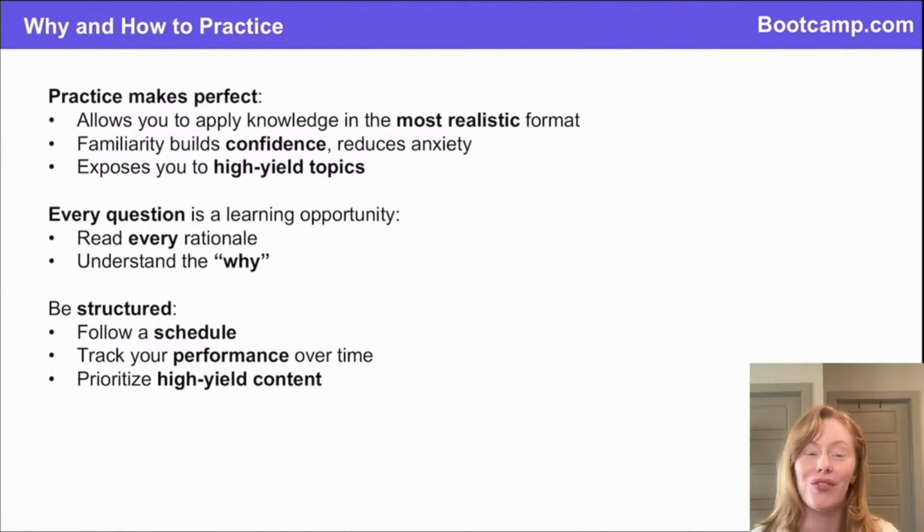It's okay if you're performing a little bit lower than everybody else, as long as you're able to see that you're consistently improving as you go. And that's the normal progression through our question bank. And then, of course, you want to prioritize high yield content, so not spending too much time on stuff that's really overly specific and is only going to help you answer a couple questions. You want to spend your time reviewing stuff that you're going to be tested on a lot.